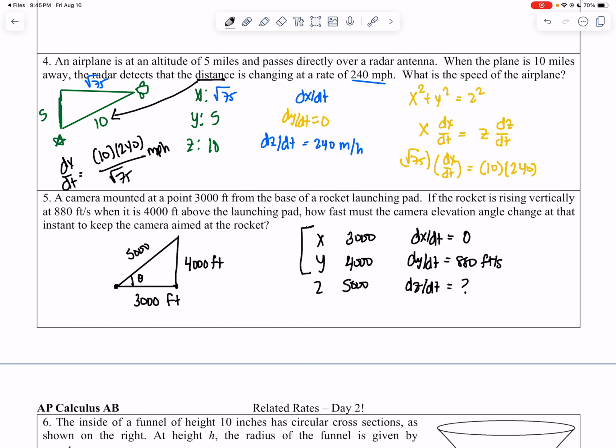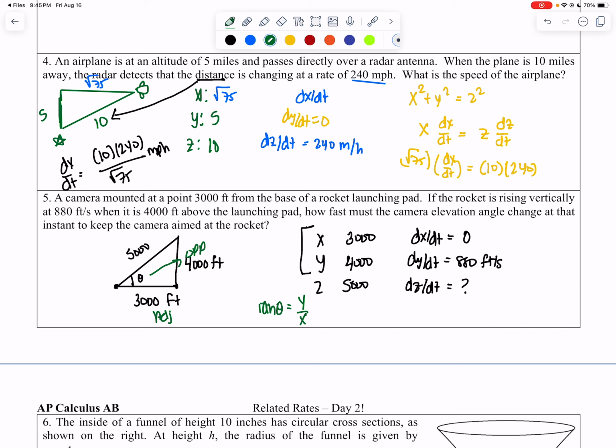So thinking about this, I have y right here, my opposite, and then x being my adjacent. So that's going to give me tangent. So I have tangent theta is equal to opposite over adjacent, so y over x.